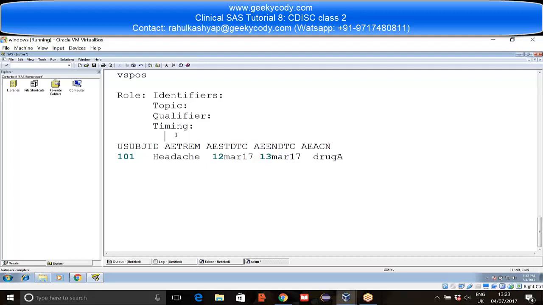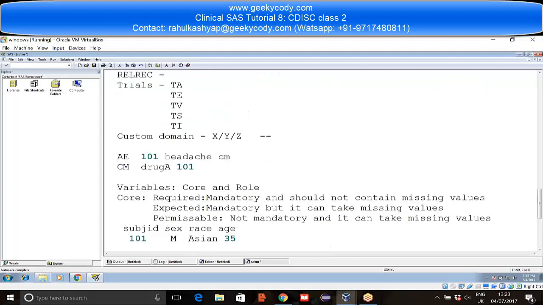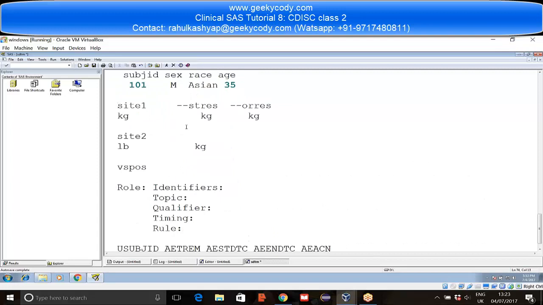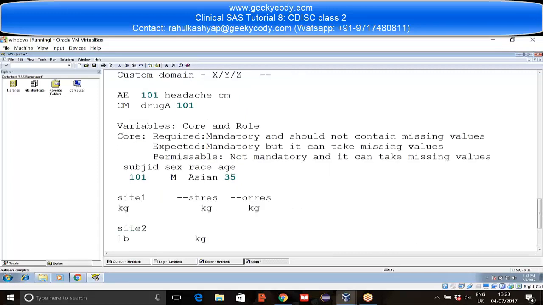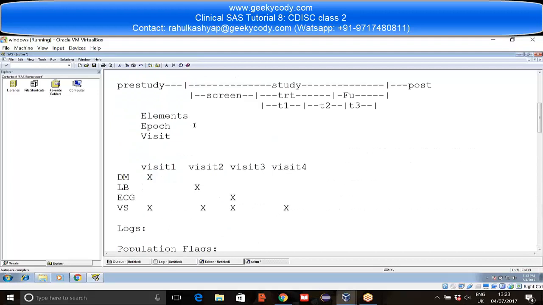And the last type of variables are rule variables. This rule variable will be found only in trial domains. What is that rule variable? As we discussed, three elements are there. What is the rule to say that screening has started?